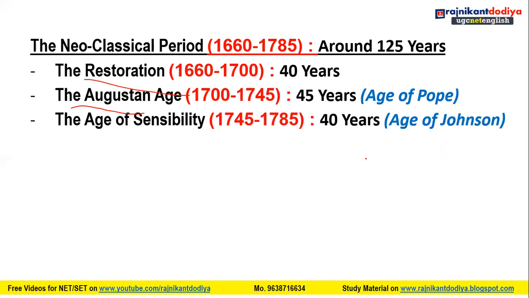Then the age of sensibility. The age of sensibility covers a period of 40 years, and it is also known as the age of Johnson, because Samuel Johnson was a famous personality of English literature. He wrote critical writings.